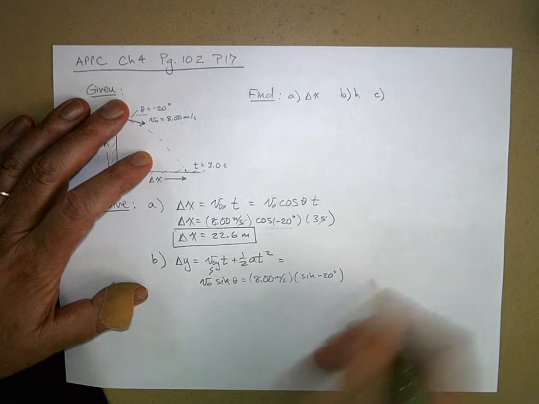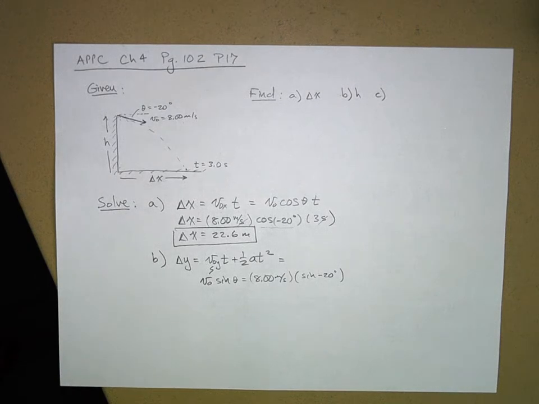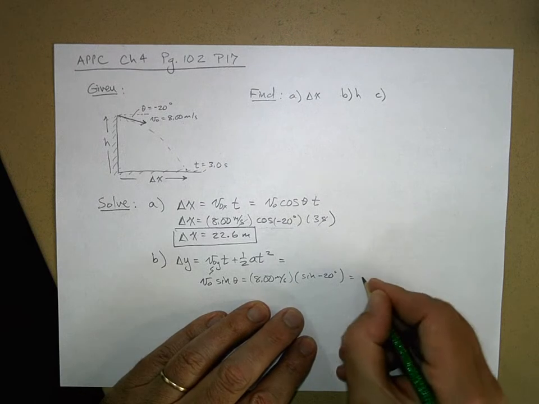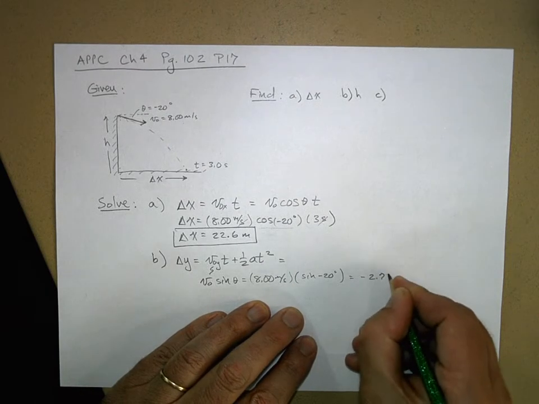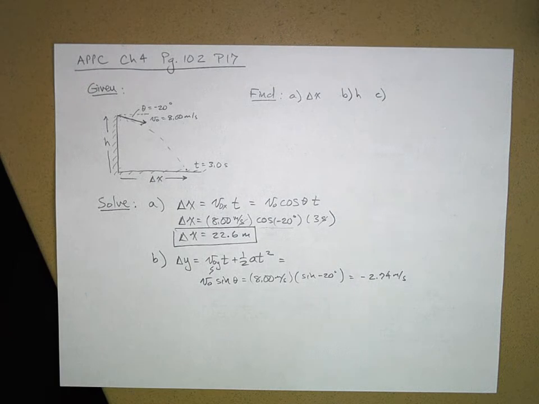You've got to keep that negative angle there. It doesn't affect the x component of the initial velocity, but it does affect the y. And let's see, it was negative 2.74, I believe, for the initial velocity in the y direction.